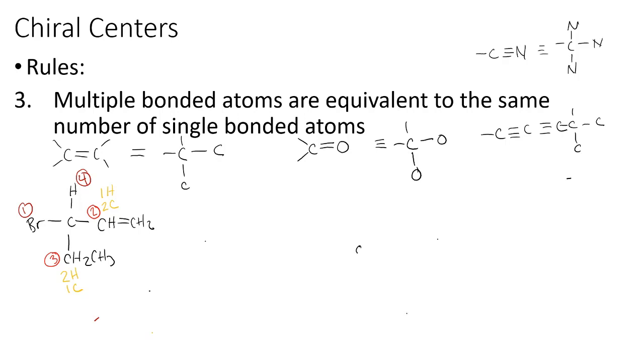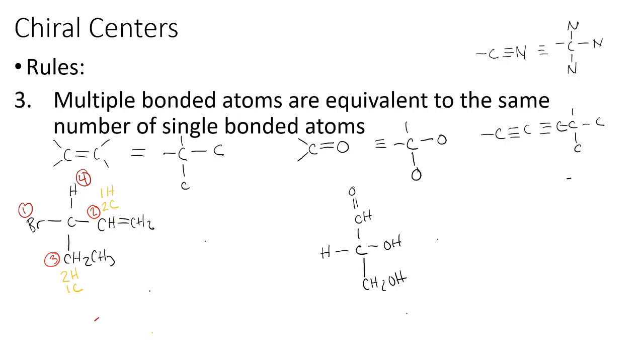So let's look at one more example in terms of what we're going to be able to assign our priorities to. So again, take a moment, pause the video, and see if you can assign all the priorities in this structure.